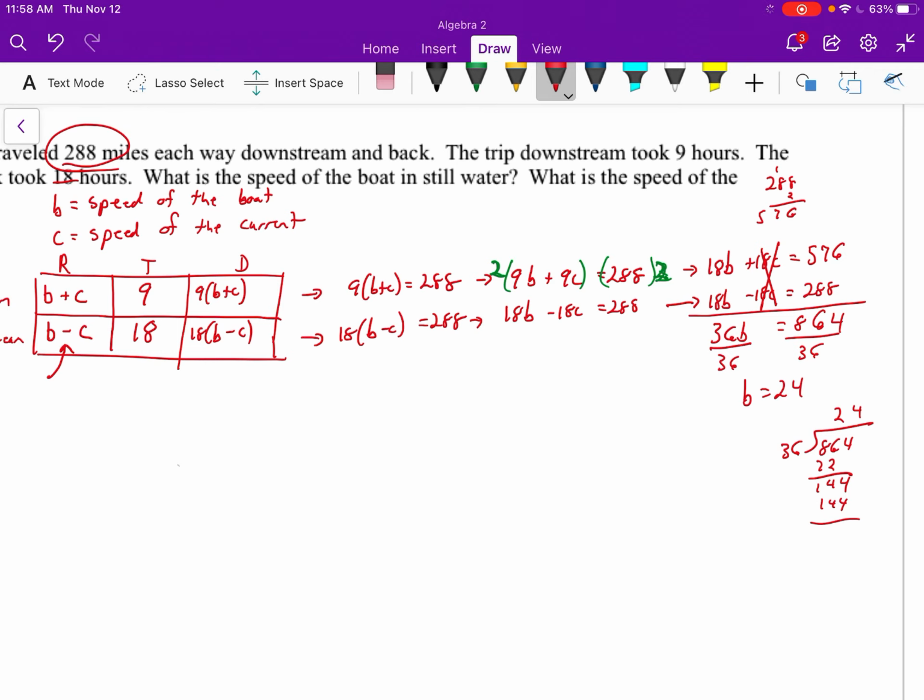Now we need to find the speed of the current, so we can go back and plug this into one of our original equations.